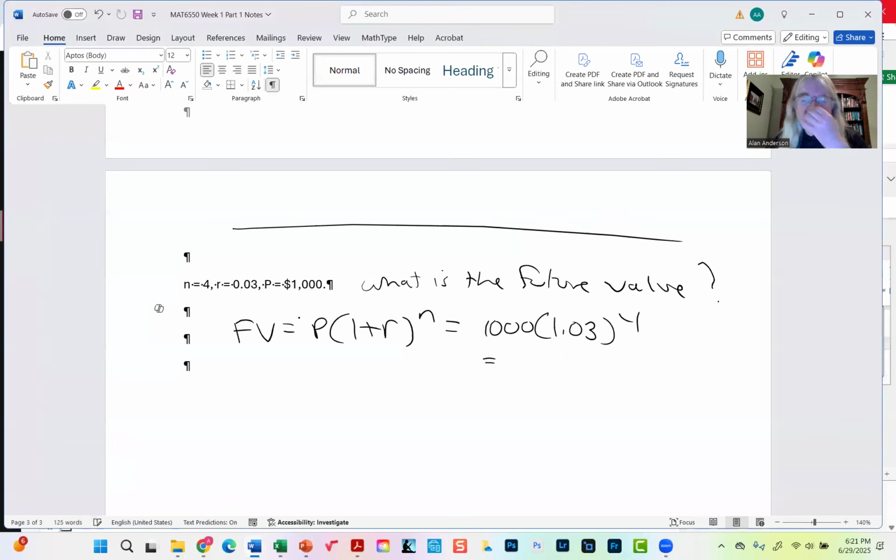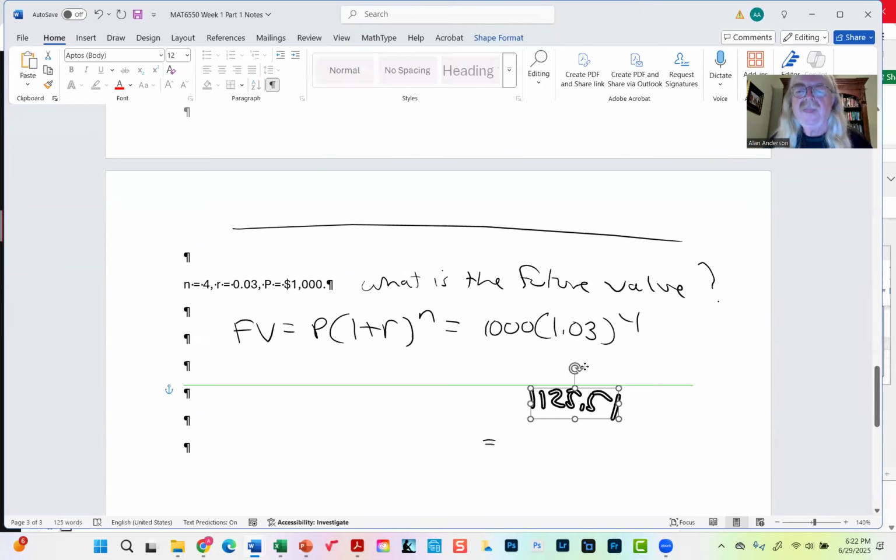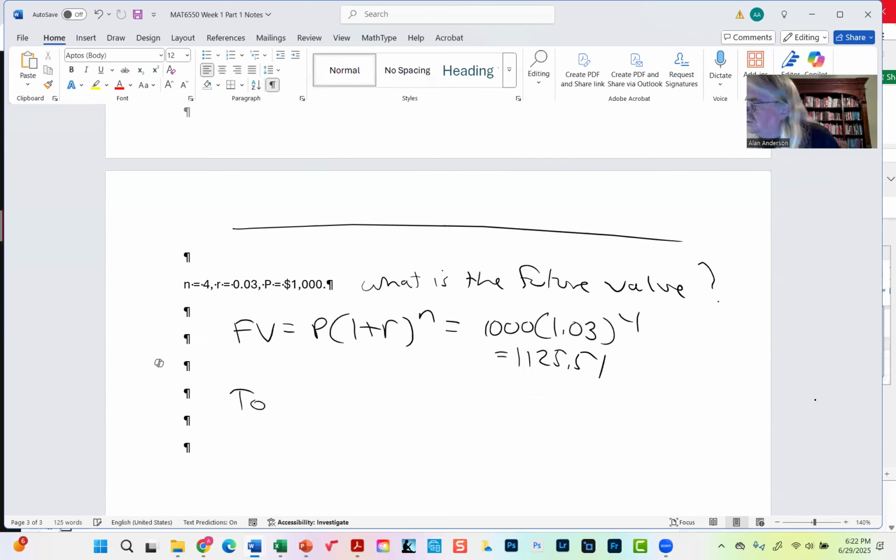You can take your calculator and solve for that directly, and you'll get, yes, 1125.51. Now, of course, the 125.51 is your total interest. That's the easy part. So the total interest is going to be the future value minus the principal.